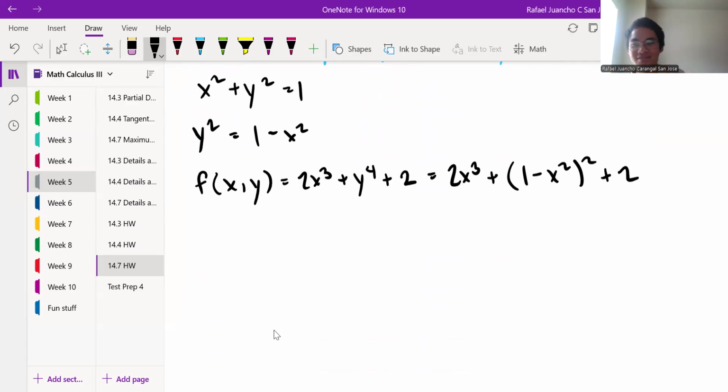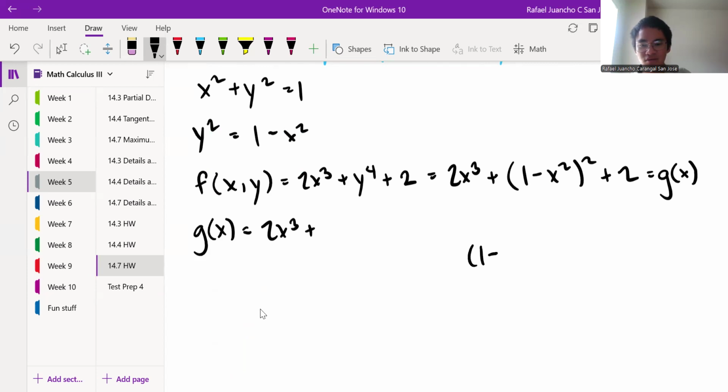So now I'm going to say this is equal to some function g, right? Let me simplify this thing. So I got 2x cubed plus, and I think this was, let me expand. So I got 1 minus x squared minus x squared minus 2x squared.